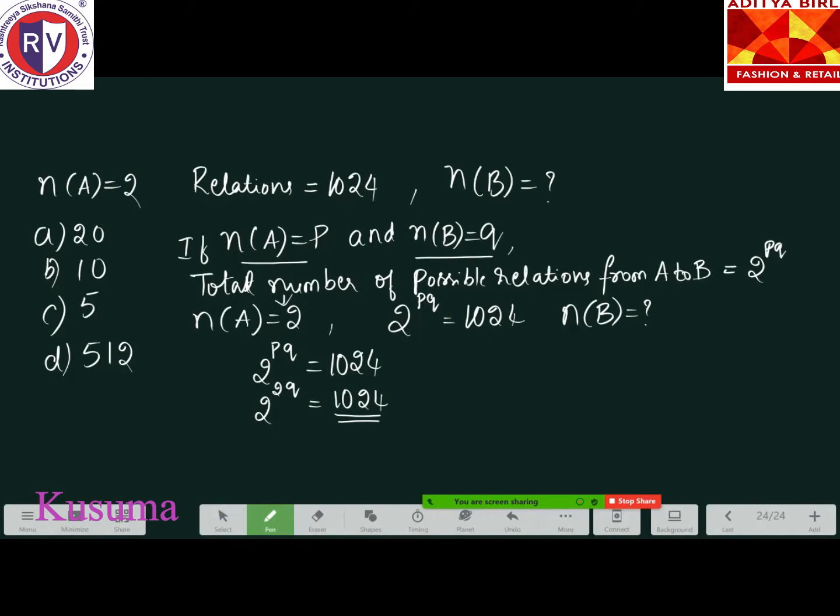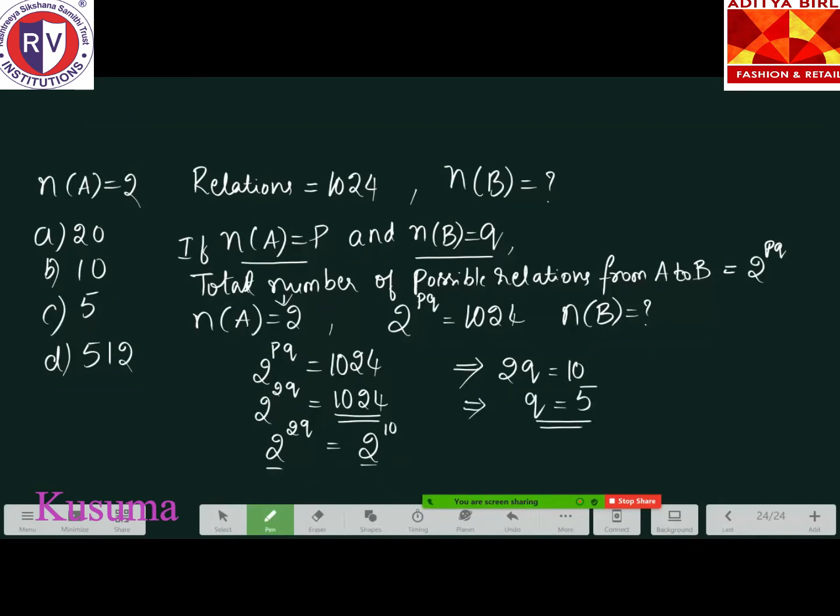Okay. See? 2 to the power of 10. Yes, very good. So 1024 can be written as 2 to the power of 10. So here the bases are same. We can equate the powers, right? So from this we can write 2Q is equal to 10 or Q is equal to 5.